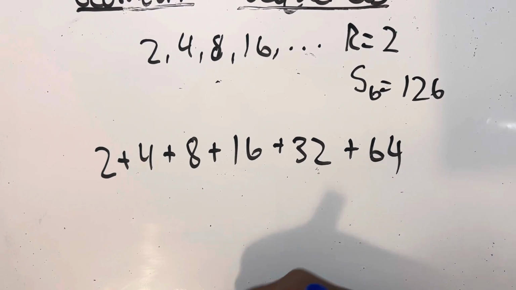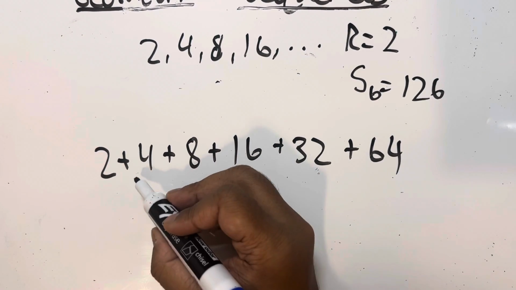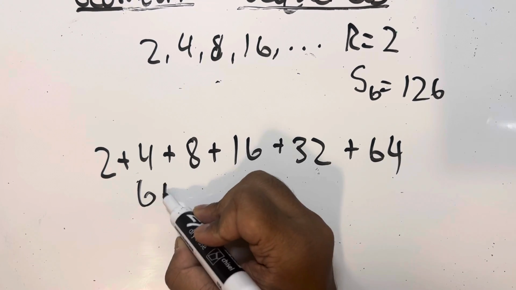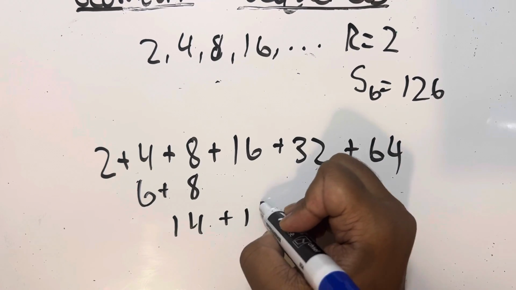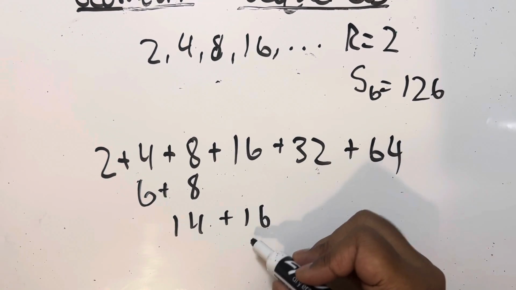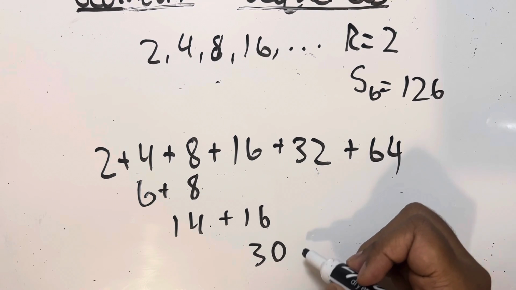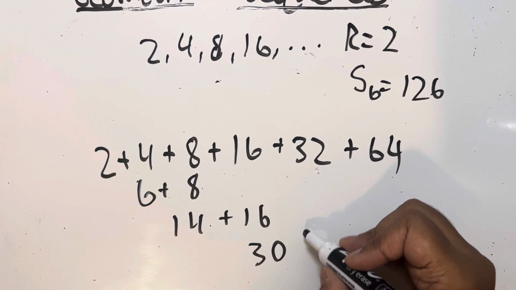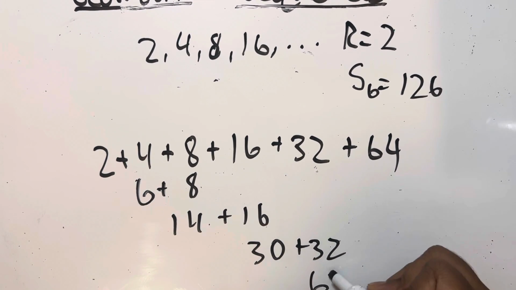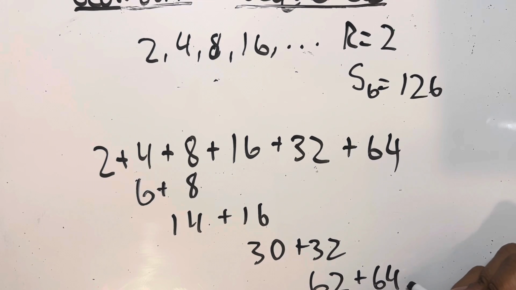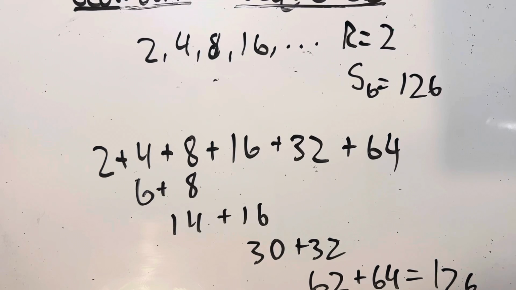So 2 plus 4 is 6. 6 plus 8 is 14. 14 plus 16 is 30. 30 plus 32 is 62. Plus 64 is 126. So my formula works. I've proved it by counting it manually and also using the formula.